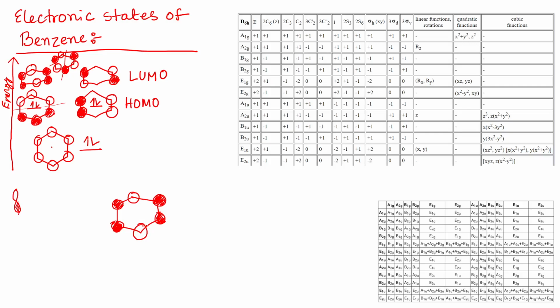One node is here, and then another node is here. So this is actually one node, and this is actually one node, right? So this has two nodal planes.